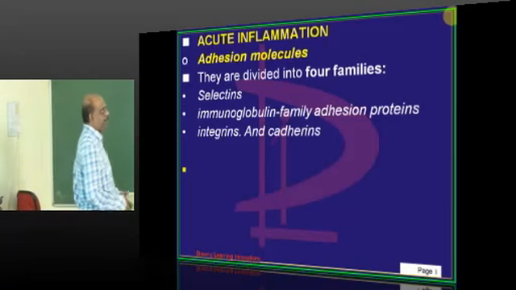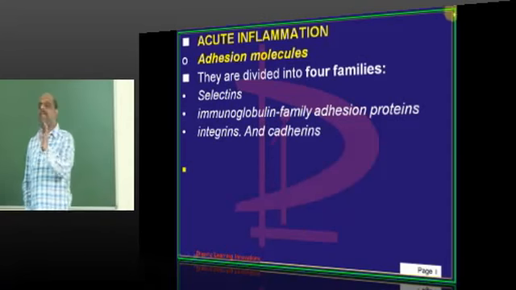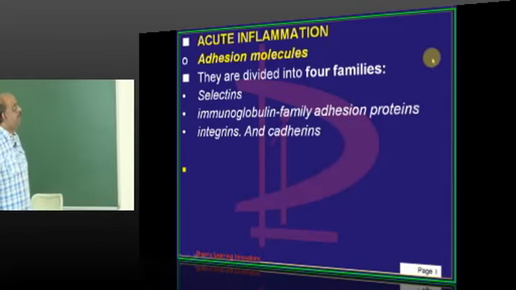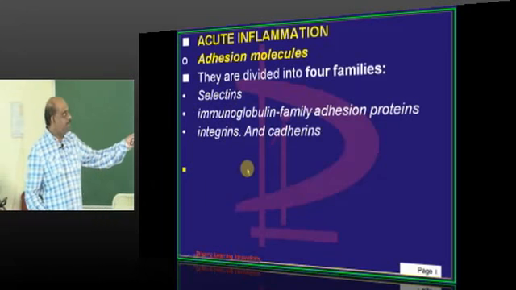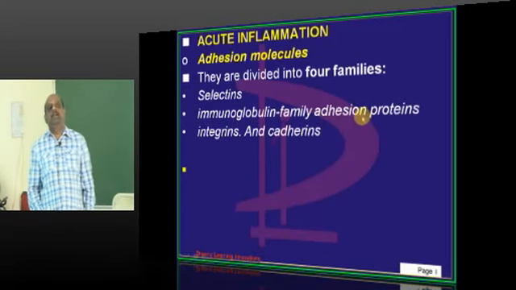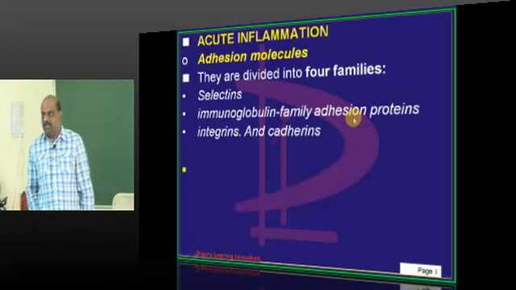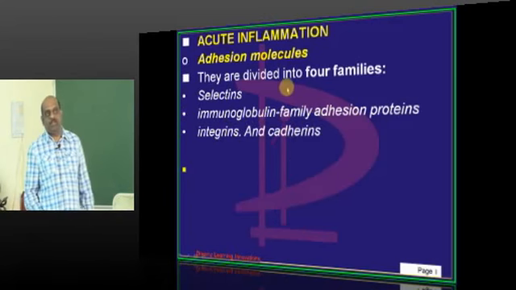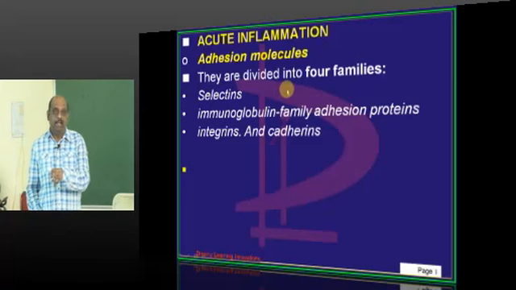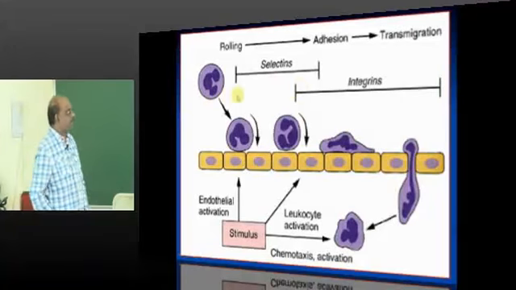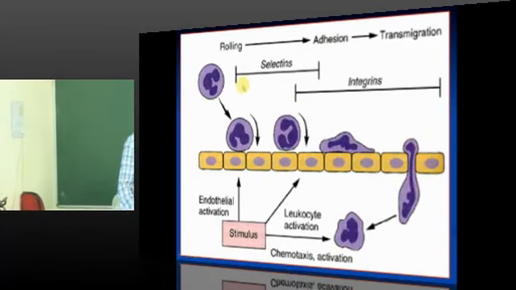Who mediates the adhesion, doctor? Basically there are 4 families: selectins, integrins, cadherins, and immunoglobulin family adhesion molecules. These mediate the adhesion of the inflammatory cells to the vascular endothelium, which is the precursor event in acute inflammation.